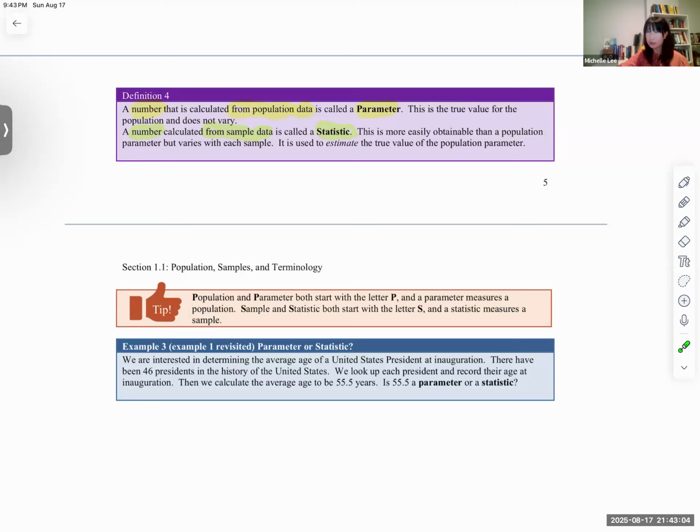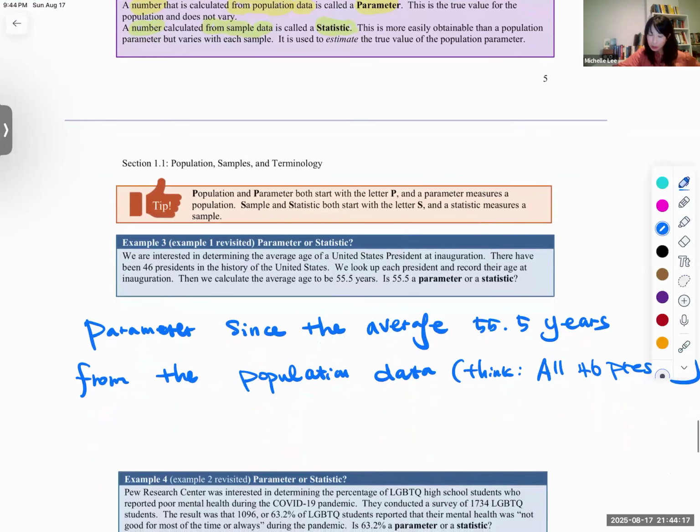It's based on population data, because it's all 46 presidents, right? So it's a parameter. Let me write it down: parameter, since the average 50.5 years is from the population data. Think all 46 presidents.